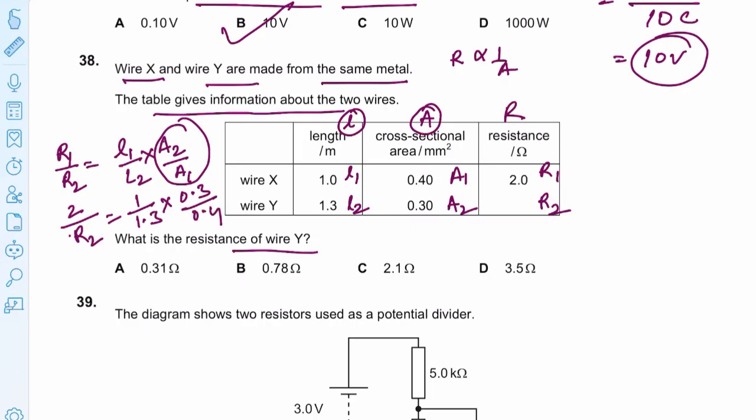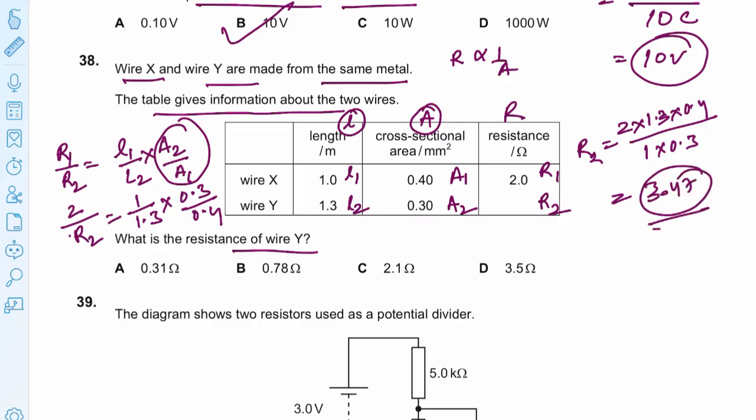So when you rearrange it, R2 equals 2 times 1.3 times 0.4 over 1 times 0.3. When you put the values in, you will get 3.47. After 2 significant figures, the answer should be D, 3.54. Did you get it? Yes.